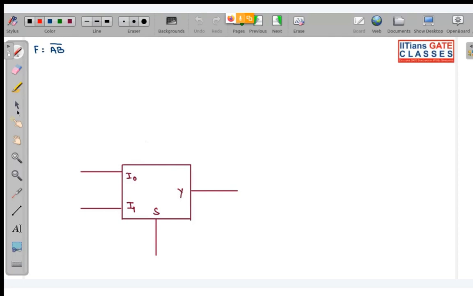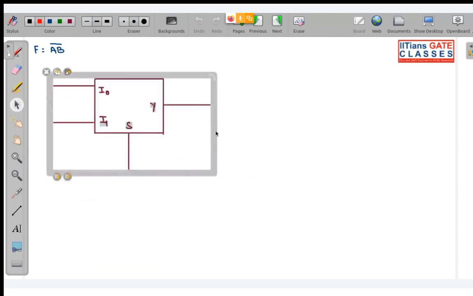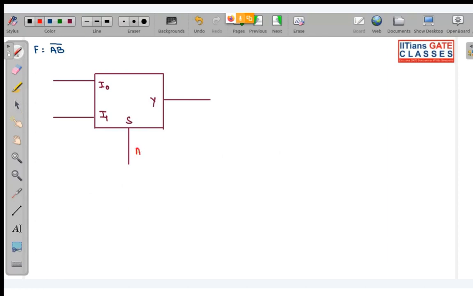Now we want to construct the NAND operation. So very quickly tell me, what should we take? If you take 0B, what will happen? This will be A complement dot 0 plus AB.